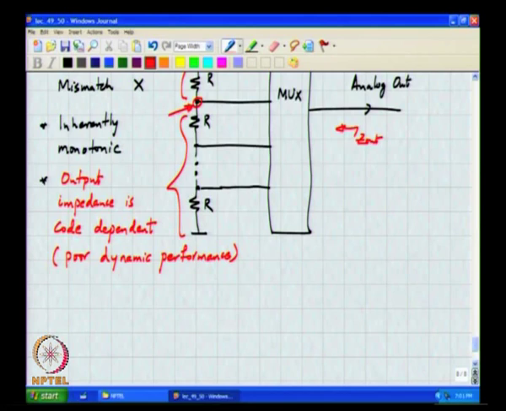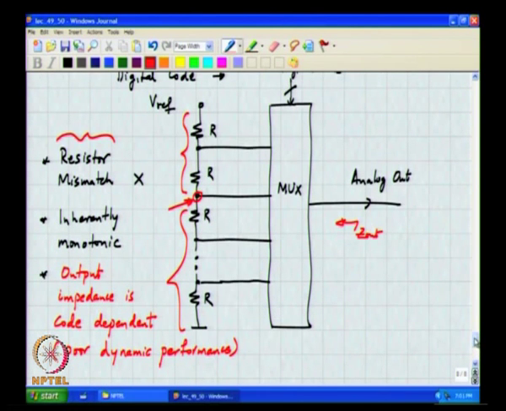Can you comment about the complexity of the decoder?